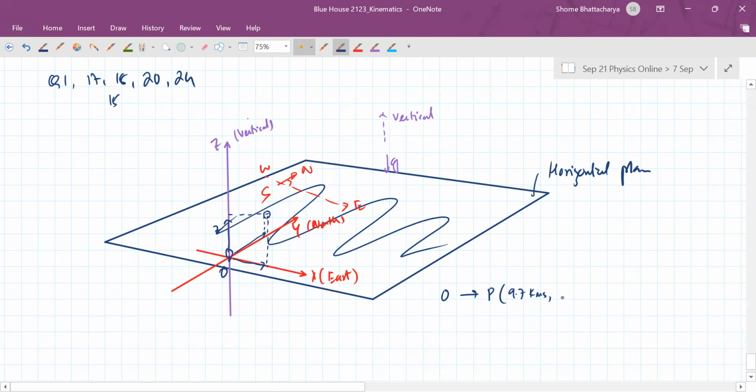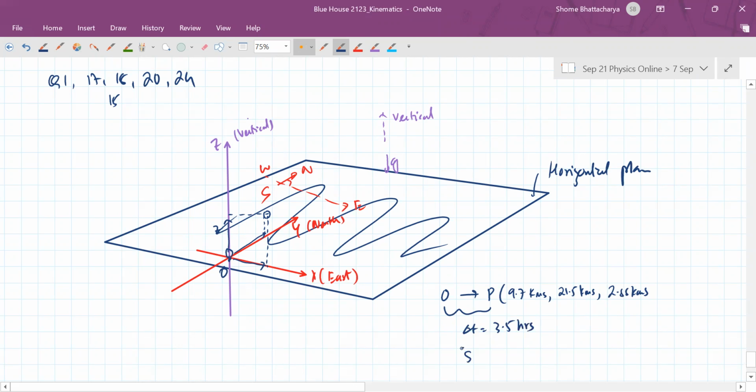The coordinate along the y-axis, or along the north, is 21.5. And the vertical coordinate, the height it has reached from the ground, or the elevation as they call it, is 2.88 kilometers. This is during a time interval of 3.5 hours.